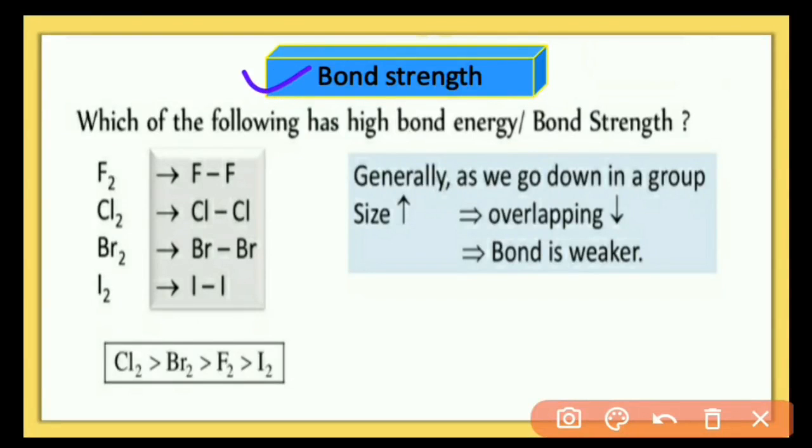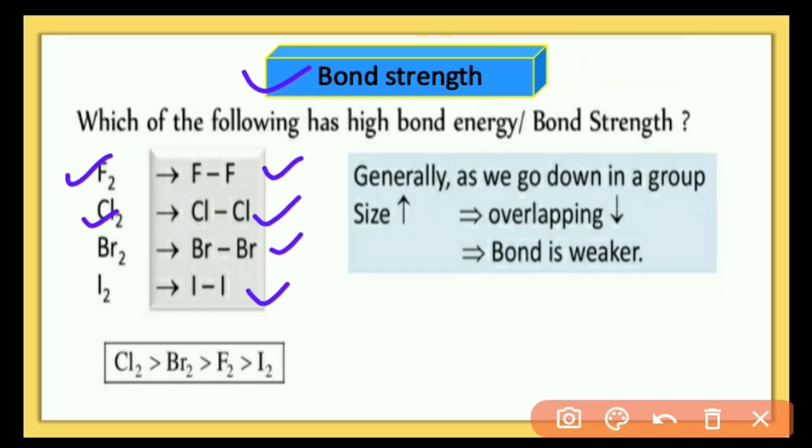Generally bond strength increases when we move down the group, but here we compare the bond lengths in the fluorine molecule, chlorine, bromine, and iodine. So which one has the highest bond energy and bond strength?